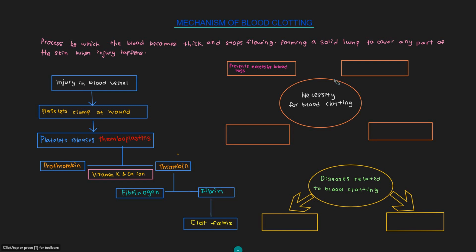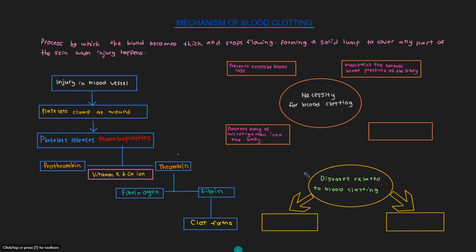The next point is that it maintains the normal blood pressure of the body. Next, it prevents microorganisms and bacteria from entering the body. As we all know, microorganisms and foreign particles are dangerous to the body and can harm the body in many ways. That is why we need blood clotting, so that it prevents the entry of microorganisms and these harmful substances into our body.